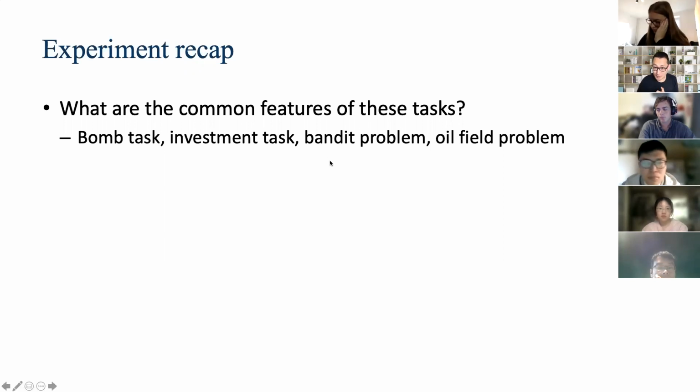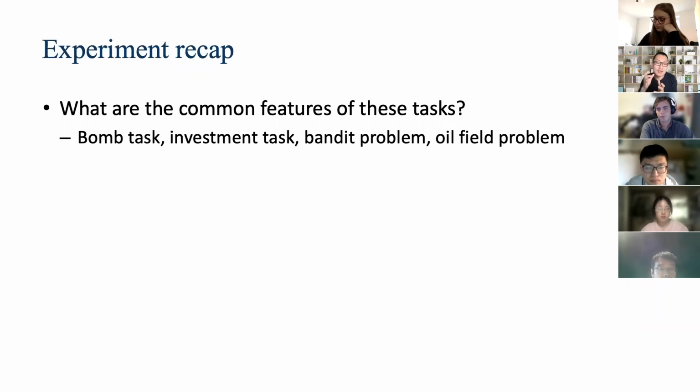And for the bandit problem, even though the payoff after each alternative is random, it follows some distribution. If you check closely, the payoffs from the same alternative are at least correlated. They follow the same distribution.